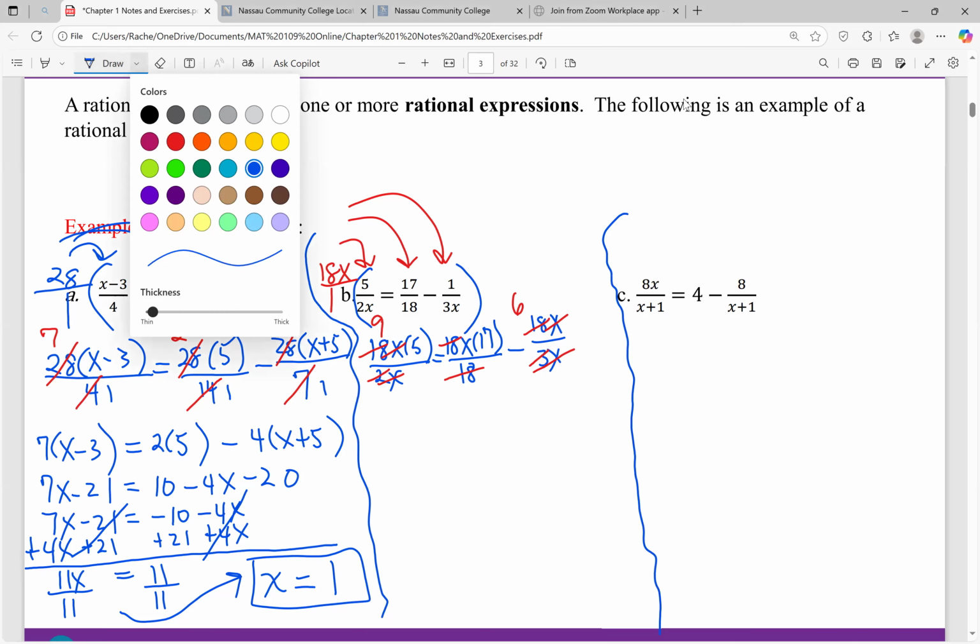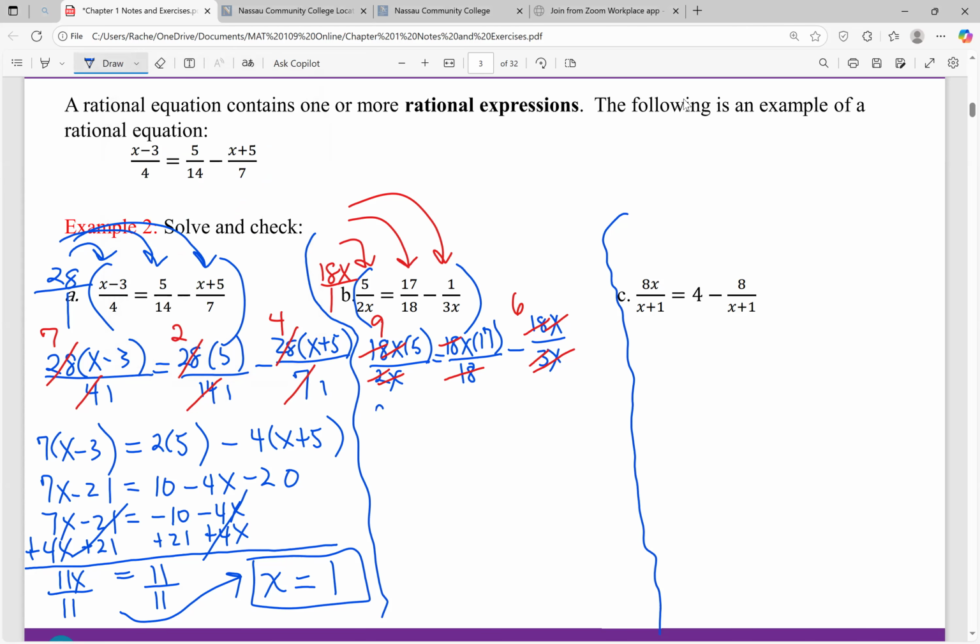So we're going to be left with 9 times 5 equals x times 17, or 17x, minus 6. 9 times 5 is 45, equals 17x minus 6.